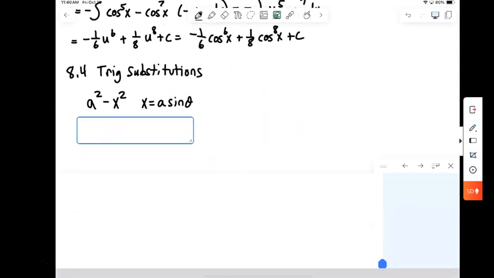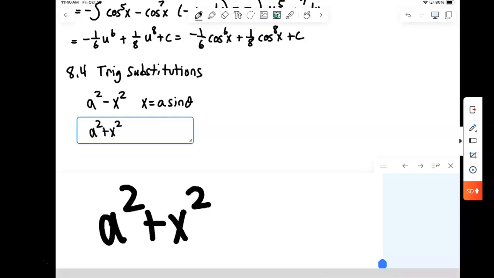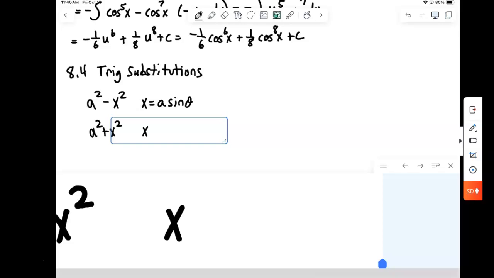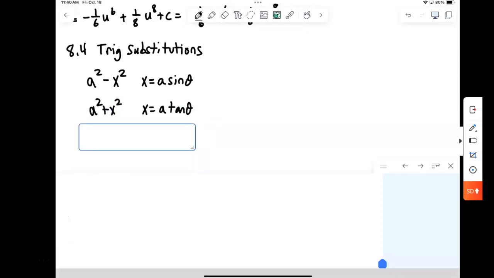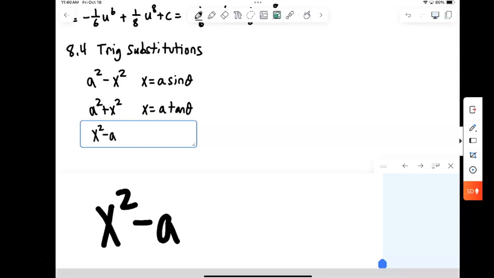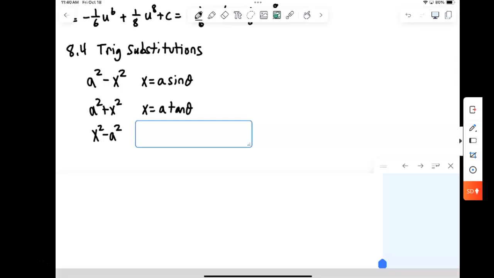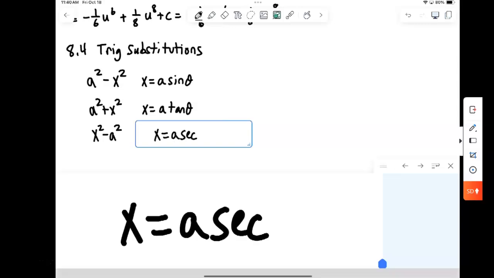If it's a squared plus x squared, we use the substitution x equals a tangent theta. And finally, if it's x squared minus a squared, then we use the substitution x equals a secant theta.